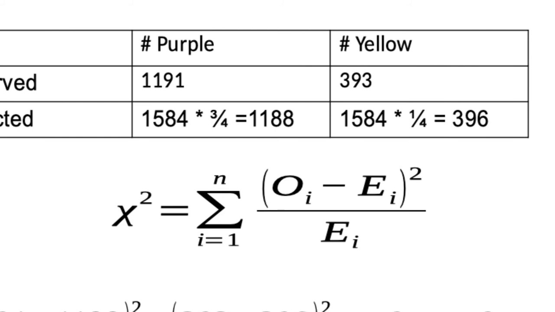As the difference between the observed and the expected increases, that is, as the observations that we make differ more and more from our expected values, then you can see that the chi-square value is going to increase. So a chi-square value very close to 0 indicates that there's not much difference between the observed and expected.